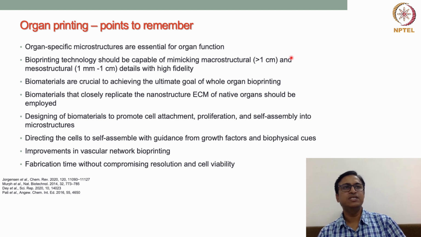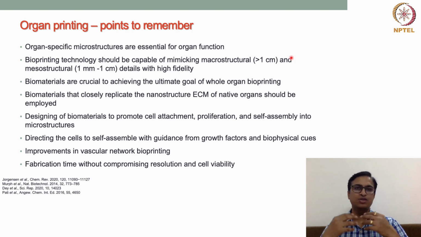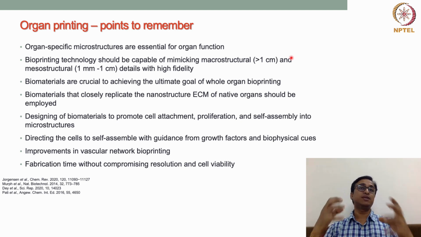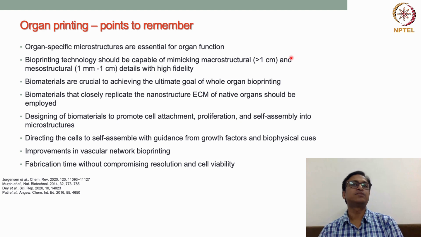Here, biomaterials are very crucial for achieving the goal of whole organ bioprinting, because cellular self-assembly can be employed, but reaching centimeter scale tissue this way is very difficult. So we need to take biomaterial based approaches, which are very crucial.